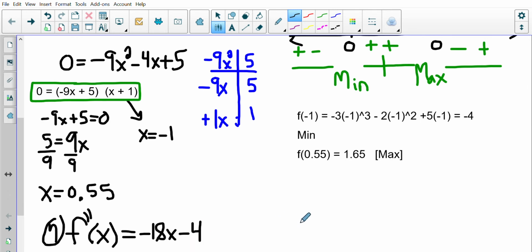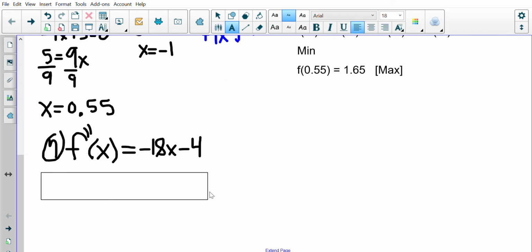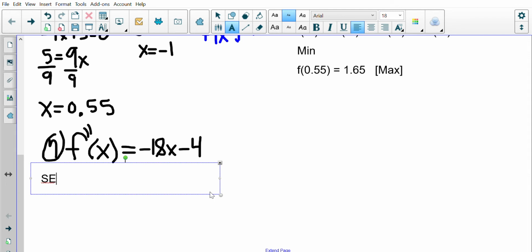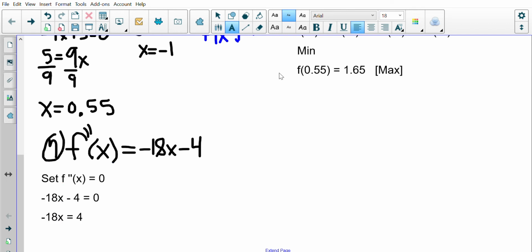All right, so there's my double derivative, and now I want to look for possible inflection points. So I'm going to set my double derivative equal to 0. And so this time I just have -18x minus 4 is equal to 0. We're going to get a decimal again here. We're going to move that -4 over to the other side, and we get a +4.